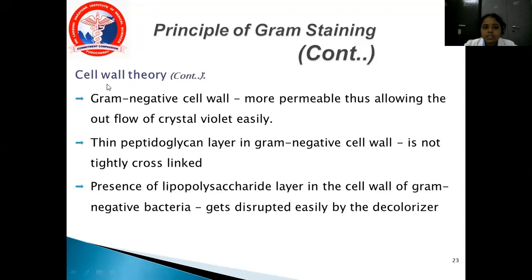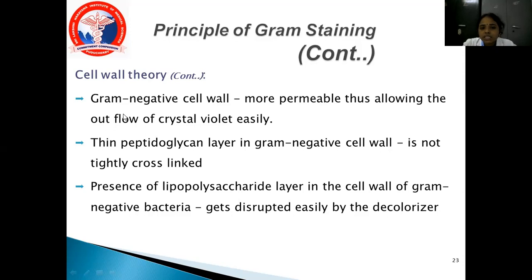So cell wall theory, again, the gram negative; previously we saw gram positive. Here the gram negative cell wall is more permeable, which allows the outflow of the crystal violet easily. It has a thin peptidoglycan layer that is not tightly cross-linked, and the presence of lipopolysaccharide layers in the cell wall of gram negative bacteria gets disrupted easily by the decolorization.